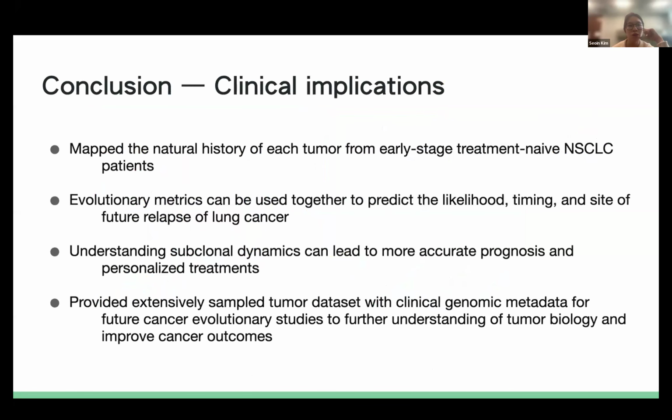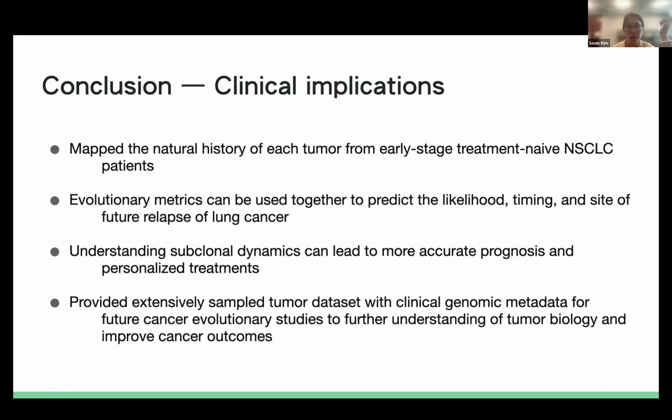And conclusion. So this study again mapped the natural history of each tumor from early stage treatment-naive NSCLC patients. And those evolutionary metrics I mentioned in the beginning, the three of them can be used together to predict the likelihood, timing, and future relapse of lung cancer.